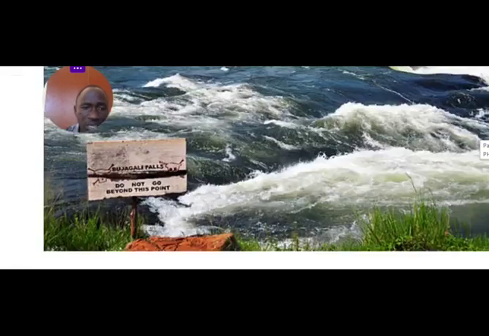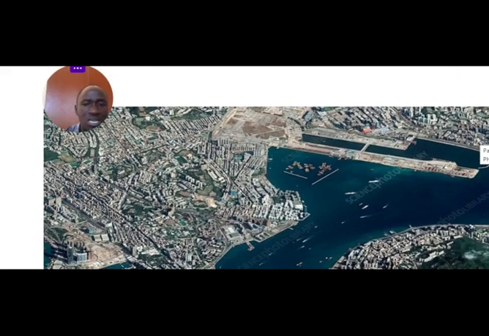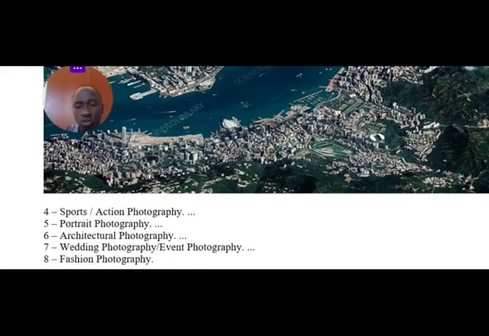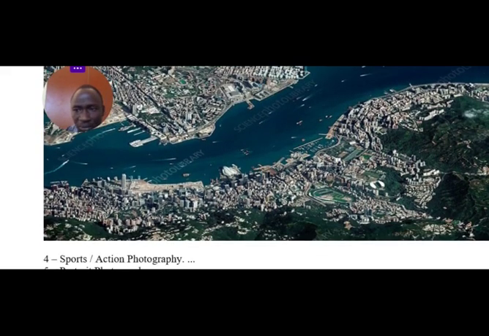When you go on, there is what we call aerial photographs. When you see there, that's what we term aerial photographs. These ones are taken from above, when someone is always above the ground.